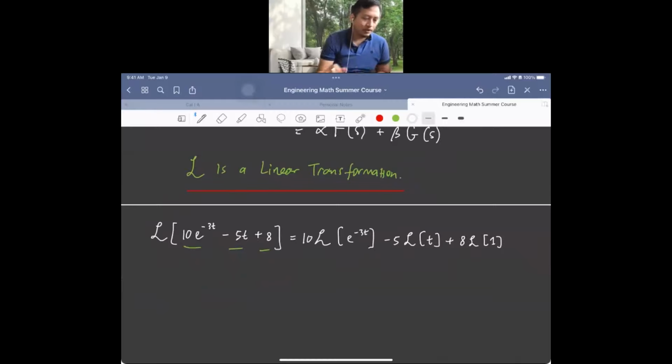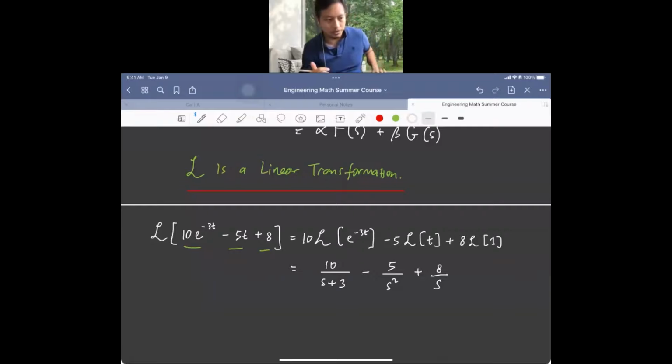This is what I mean by linear. Then we can set this to be 10 divided by s plus 3, minus 5 over s squared, right? Because it's t to the power of 1, plus 8 divided by s. If you want to add all these components you can do that also, but you can just stop here.